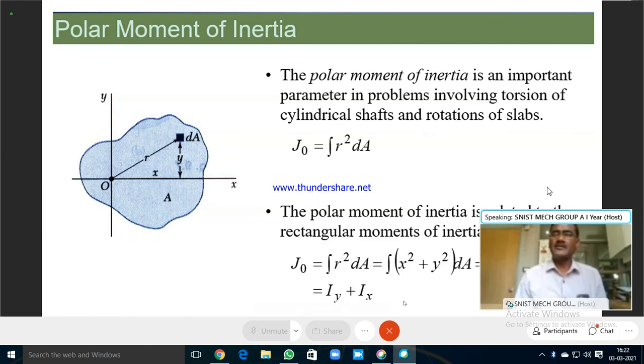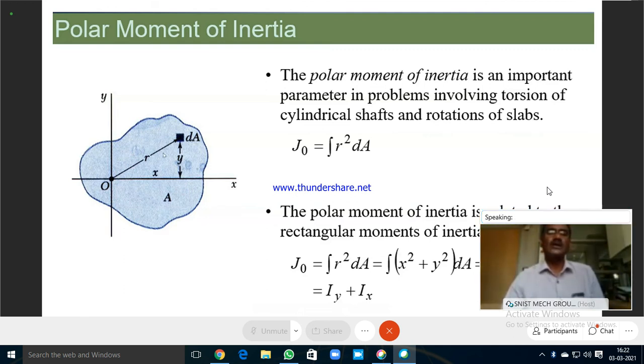So polar moment of inertia is related to rectangular moment of inertia. You see that? You please note the diagram. Diagram is very important. You have selected an elemental area and the distances x and y. r is the radial distance between the element and the origin, right?